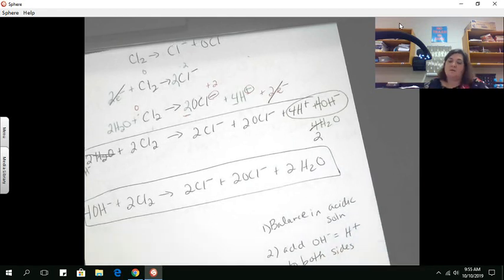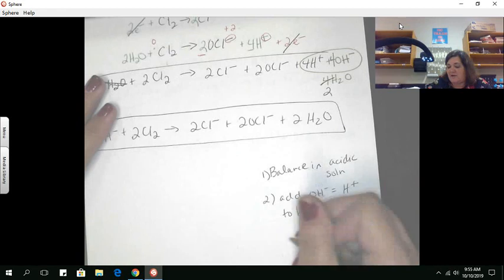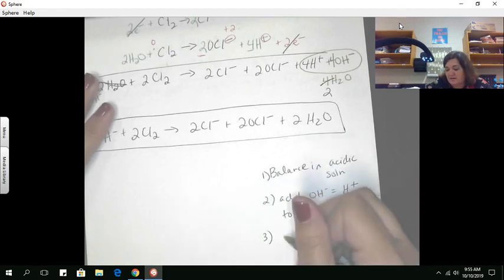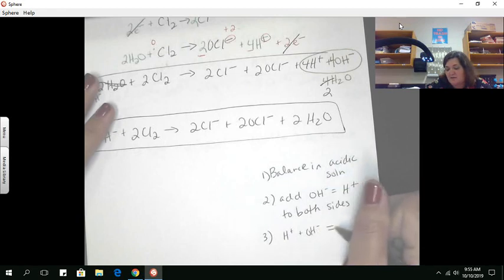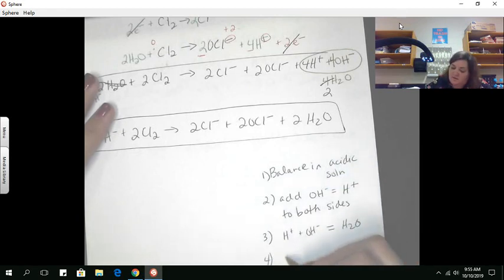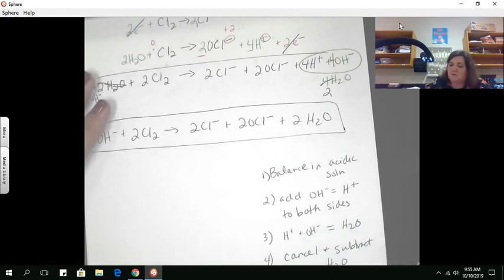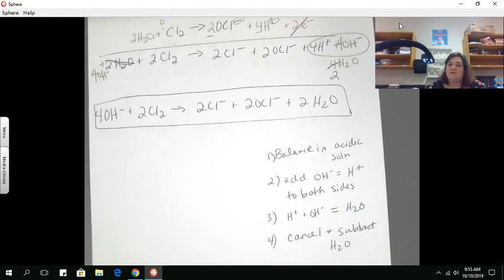On the side where our hydrogen and hydroxide ions are together, they equal water, right? And then you cancel and subtract your waters. Okay? And that's how you do it.